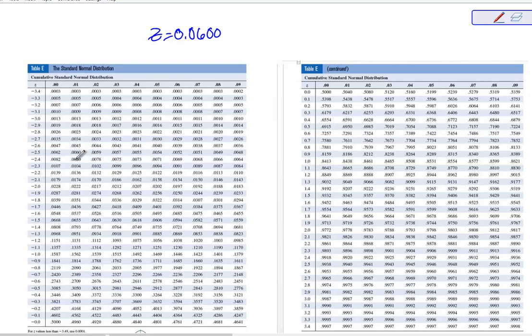Here's 0.01, here's 0.05, here's a 0.06, 0.061, 0.0606. Okay, right here. Notice it is between these two numbers.